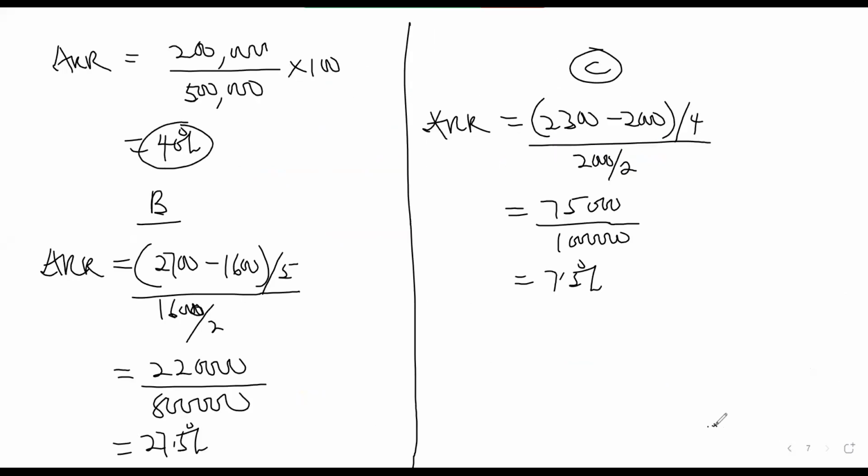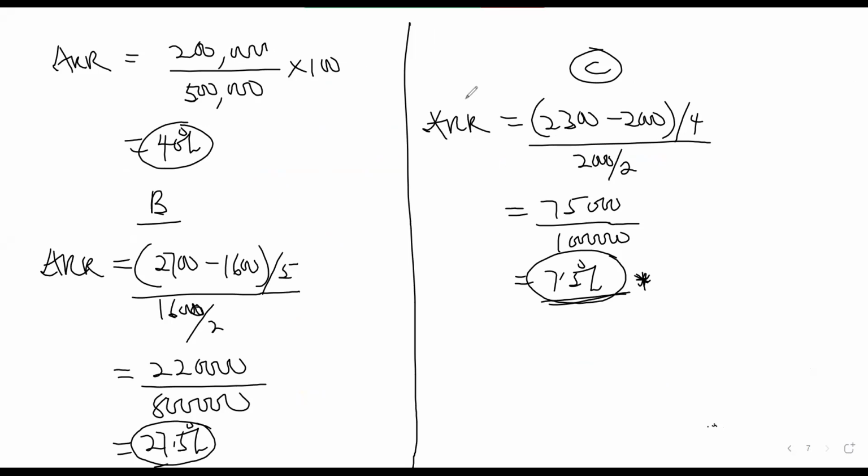The second one is giving us 27.5. So this one is giving us 7.5. This one should not be undertaken at all because the return is lower than their target return.